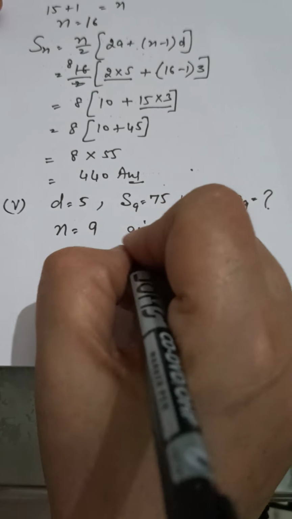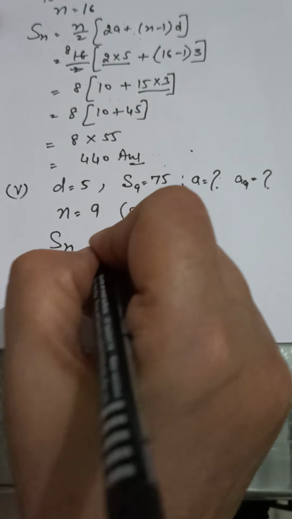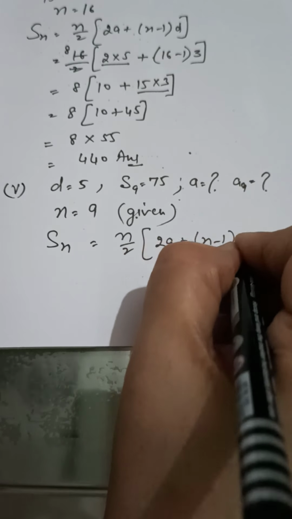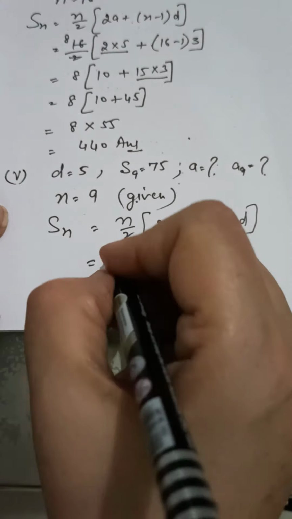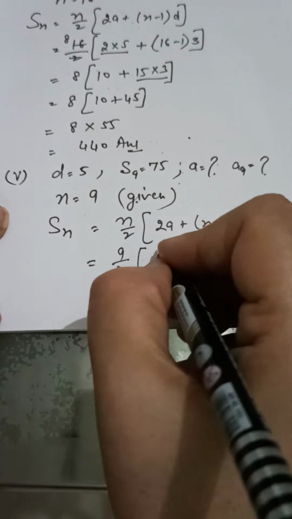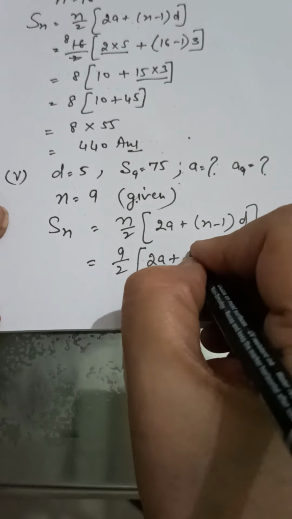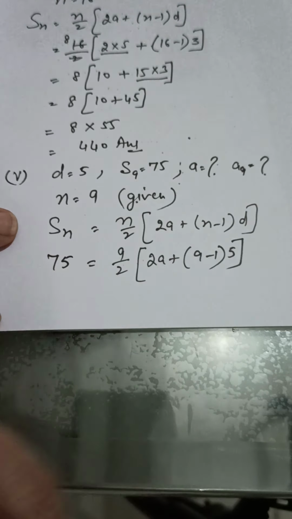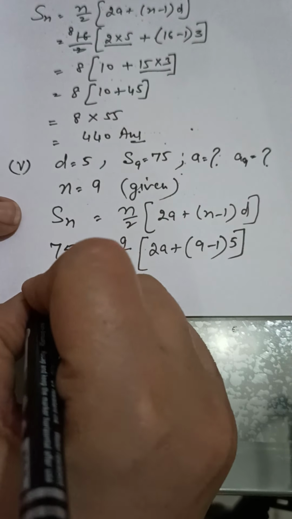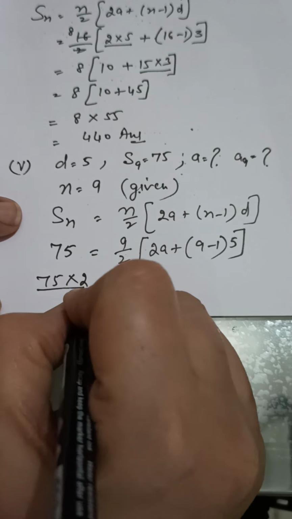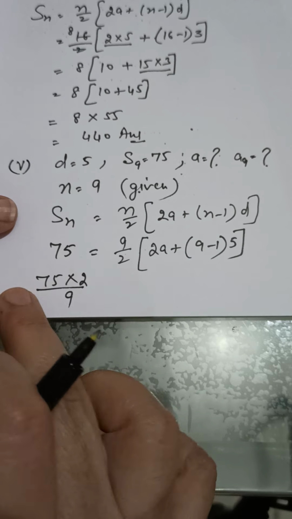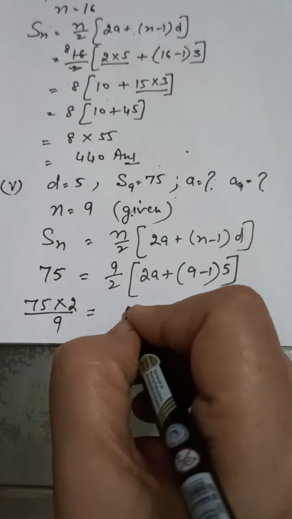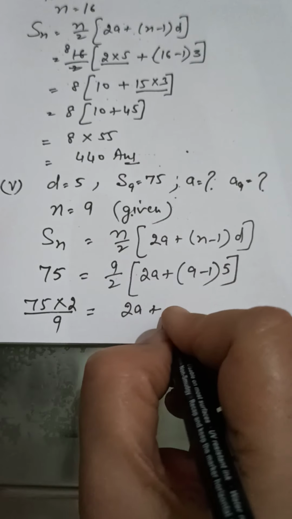And the formula of Sn is n by 2, 2a plus n minus 1 into d. n is 9, so 9 upon 2, 2a plus 9 minus 1 into d. d is 5, and the value of Sn is 75, that is given to us. 75 multiplied by 2 upon 9, because 9 upon 2 moves to the left hand side, we get the reciprocal of that, 2 by 9, is equal to 2a plus 8 into 5.